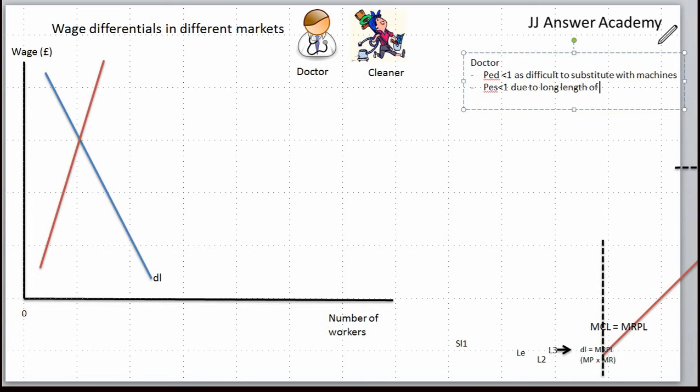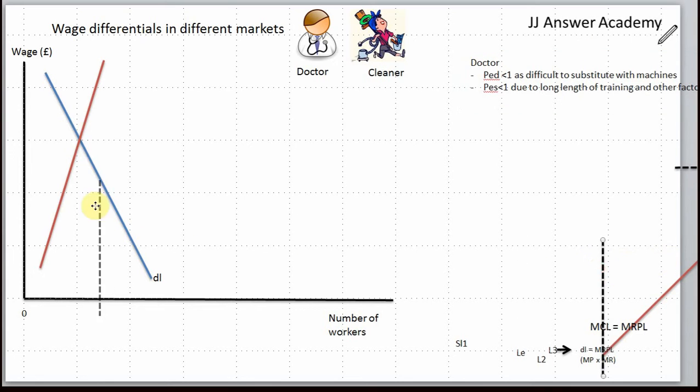Length of training, yeah. And not only that, but there are exams, and you have to be well educated to a level. And there has to be a lot of commitment from individuals. So PES is less than 1 due to the long length of training and other factors we've spoken about.